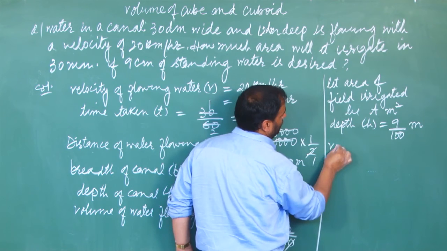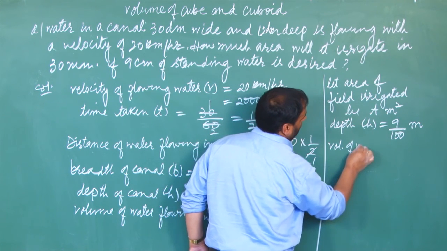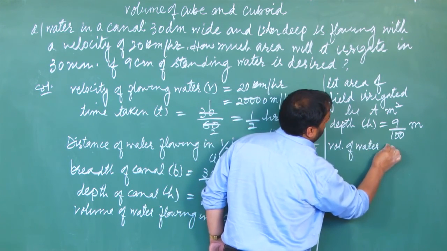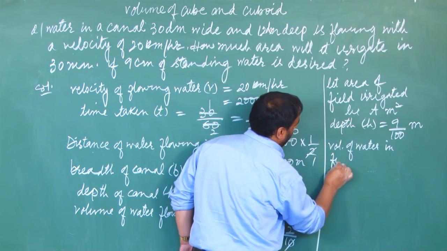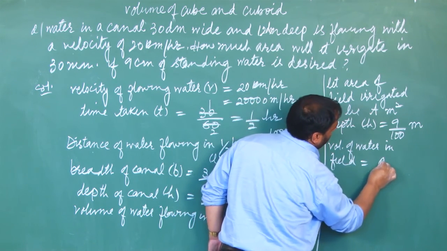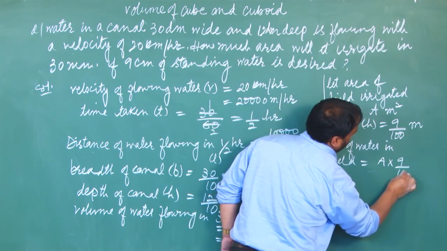Now the volume of water in the field is A into 9 by 100 meter cube.